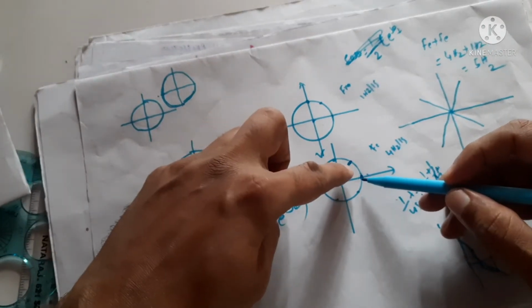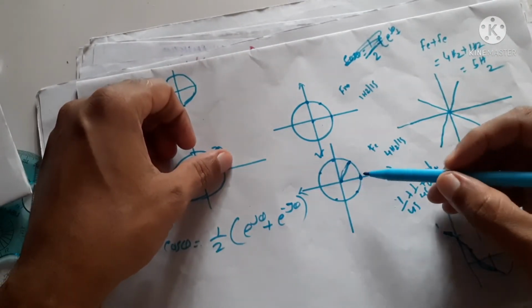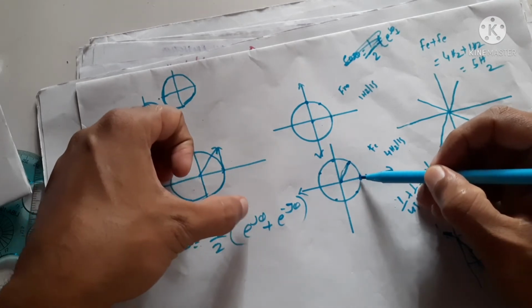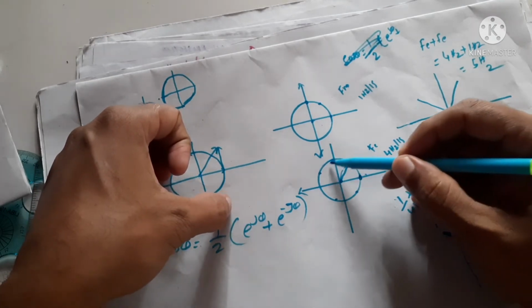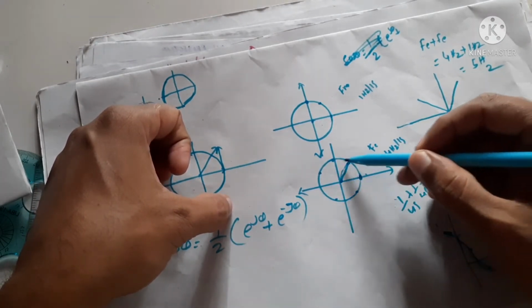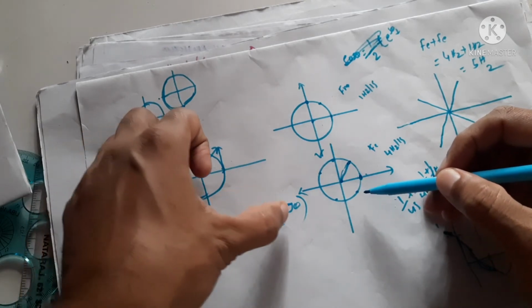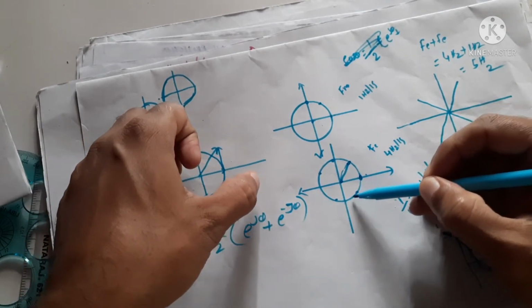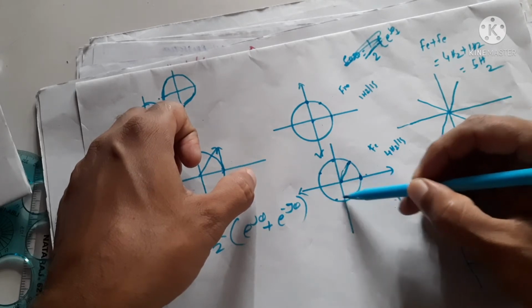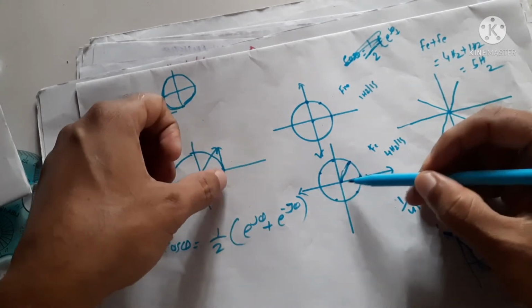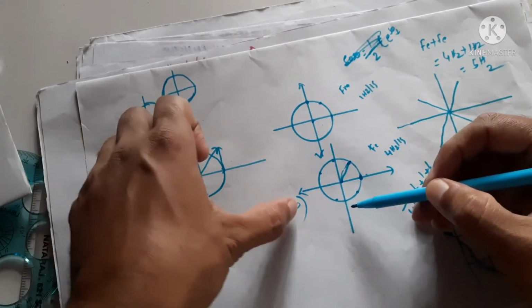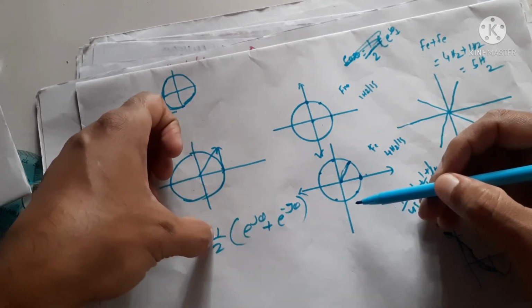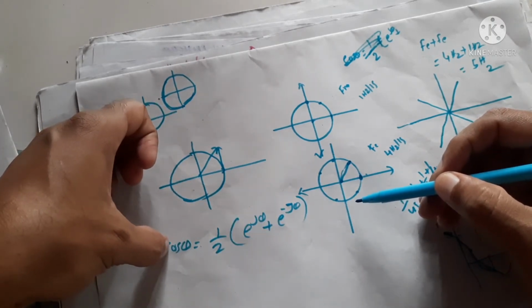If we take the vector representation, when the arrow is traveling this way, this is called j theta, and when the arrow is traveling in the clockwise direction, it is called minus j theta. When we add both these values and divide by 2, we will get the present value.